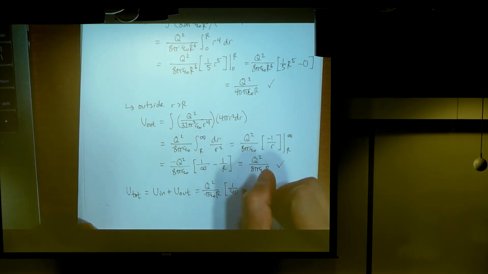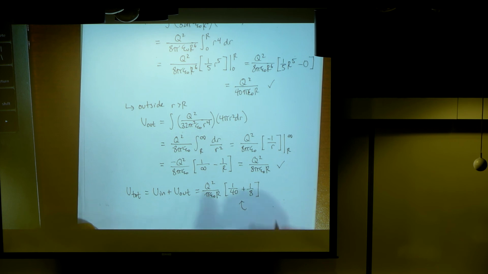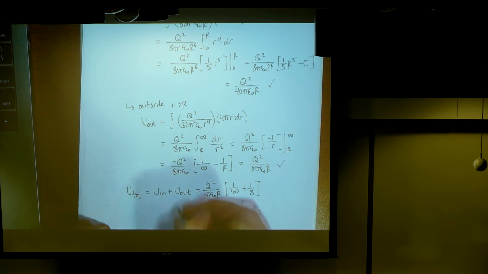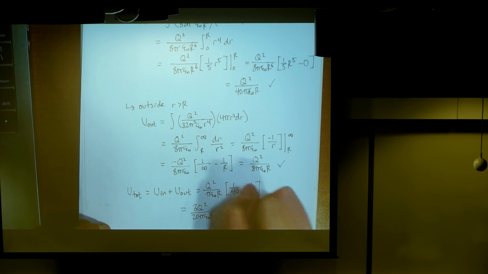And in the second case, we have 1 over 8. So I'm not going to bore you with fractions, but you can reduce that to 3 over 20. If you add those together, it's 3 over 20. So we have 3q squared over 20 pi epsilon naught R. That's the answer.